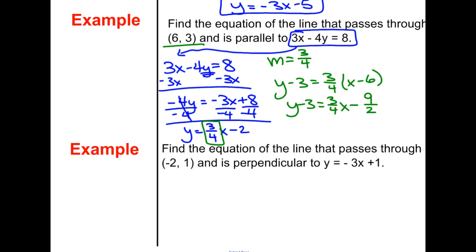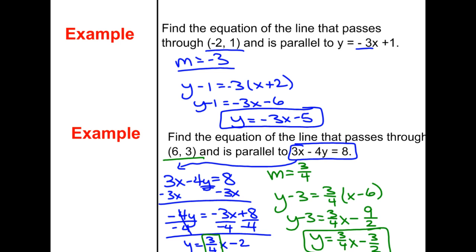Now we need to add 3, so think about that in halves. How many halves is 3? It's 6/2. So y equals 3/4 x, and if I have negative 9/2 and I add 6/2, we get negative 3/2. There's our equation.